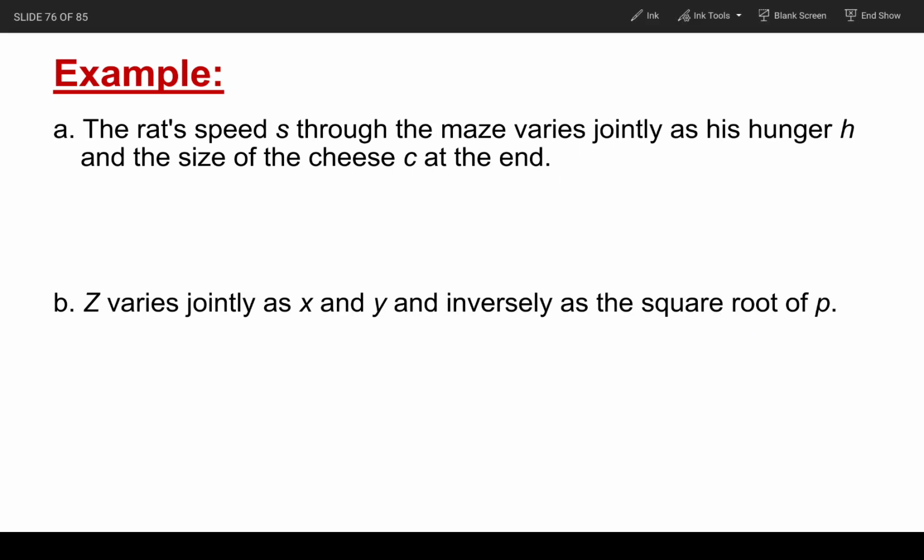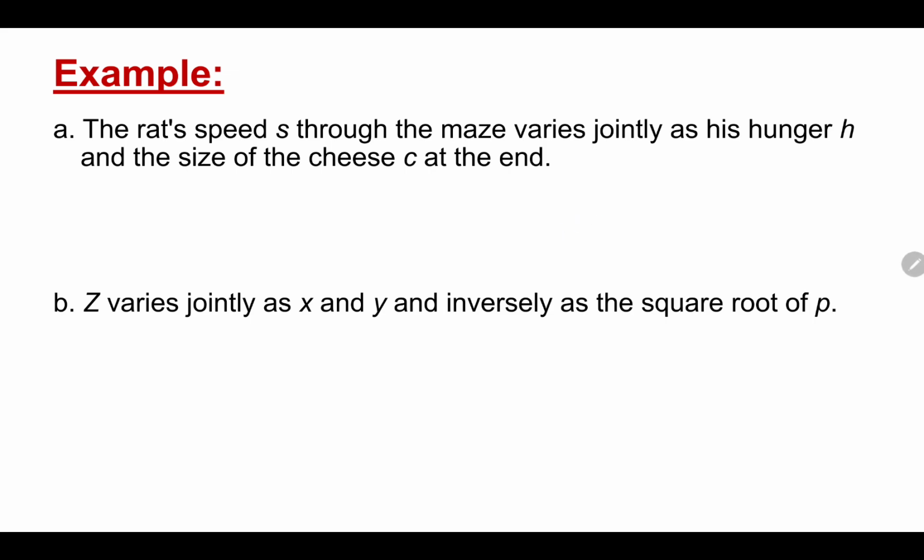A rat's speed, S, through the maze varies jointly as his hunger and the size of the cheese at the end. So S is what we're talking about, so we start with that. We have S, and it's going to vary jointly.